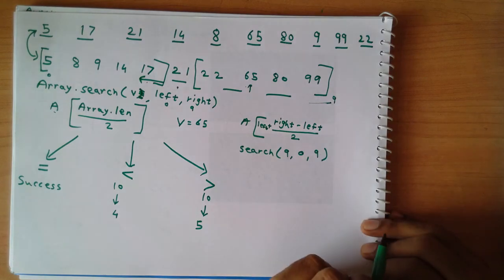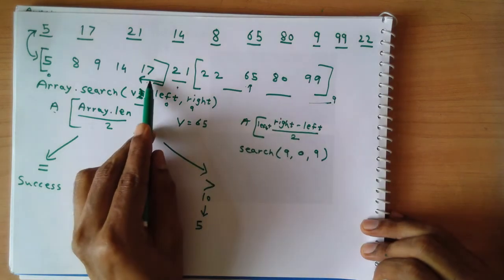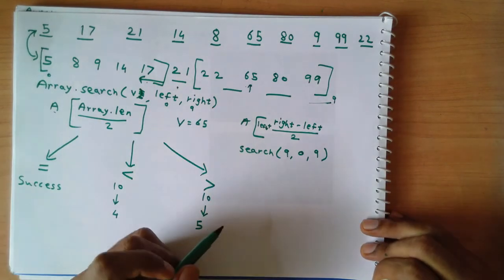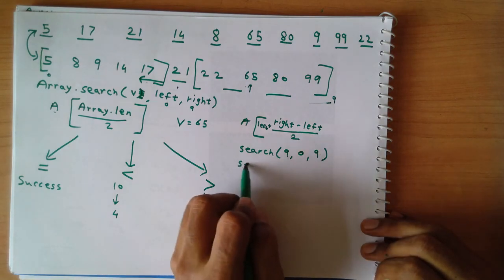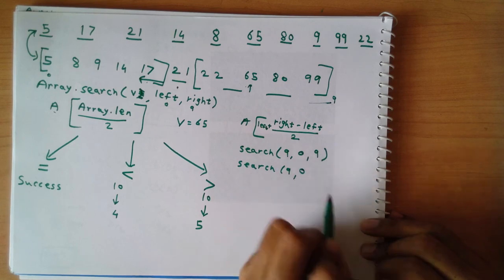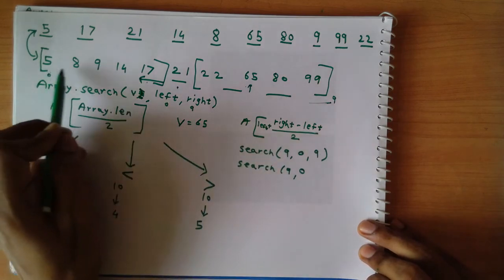Okay, and then what happens? We compare 9 against 17. So 9 is in the left of 17. Okay, so in that case, effectively we are going to search for value 9 starting from index 0 up to index 3.